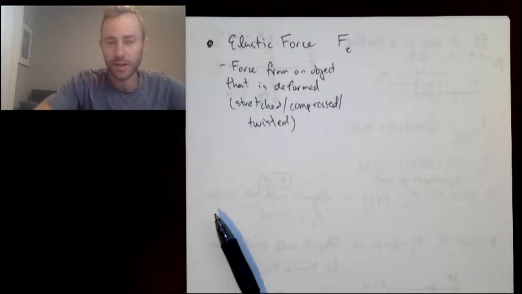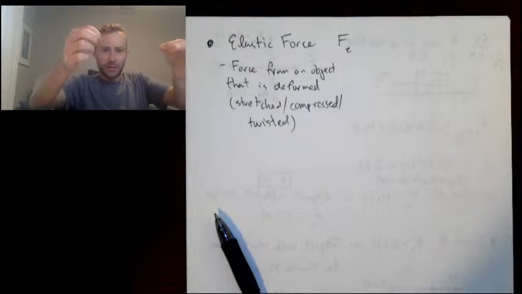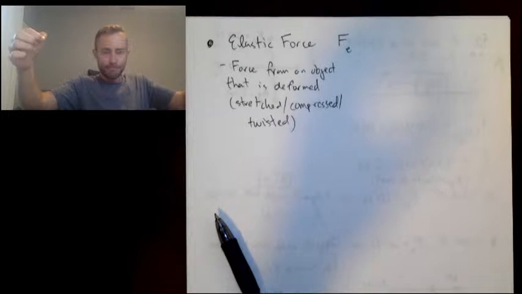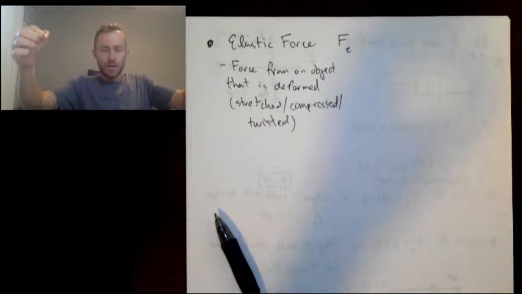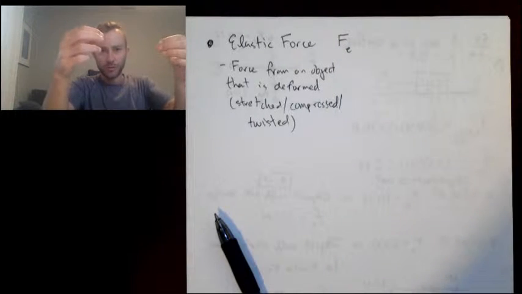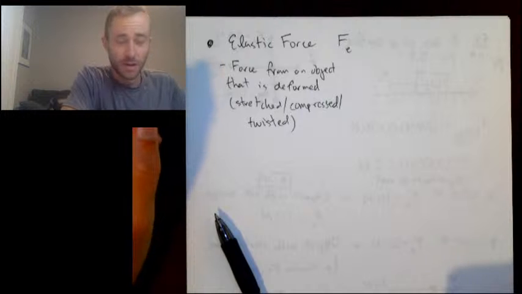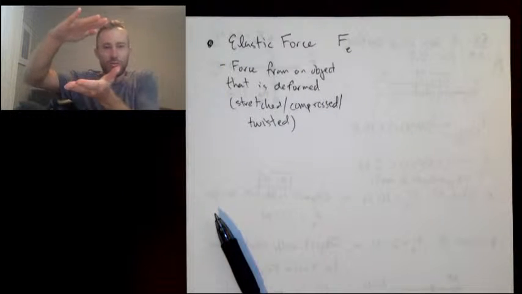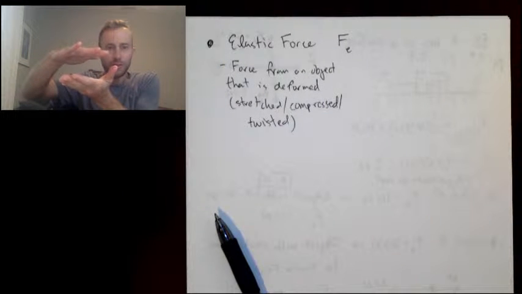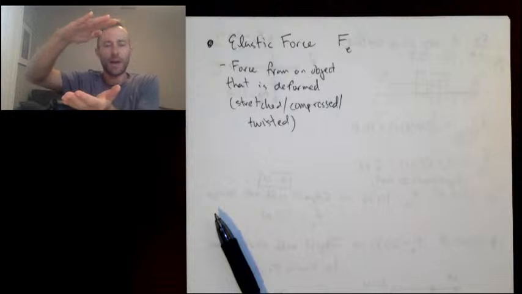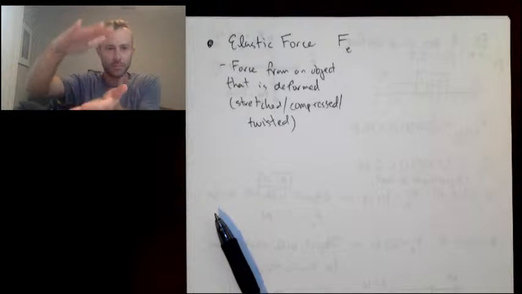A really good example is a rubber band. You take a rubber band and you stretch it, okay? There's an elastic force that tries to bring it back to its original state. If you take a spring and you compress it, there's an elastic force that's trying to get the spring back to its original position.